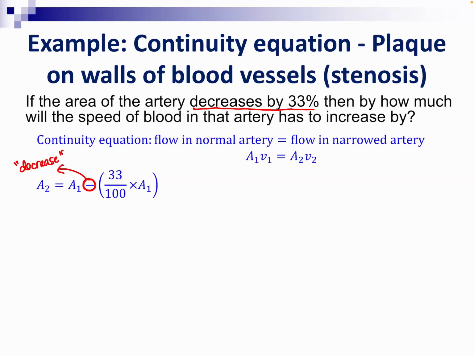This one is, of course, the normal. So the normal area decreases by 33%. So then this whole thing is because of the 33% decrease of the normal area.